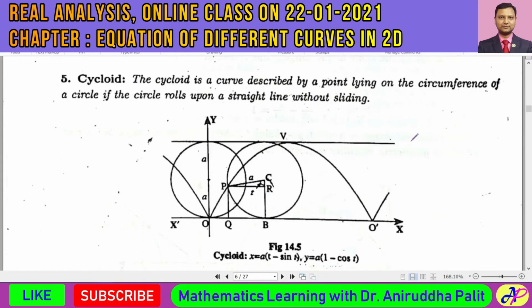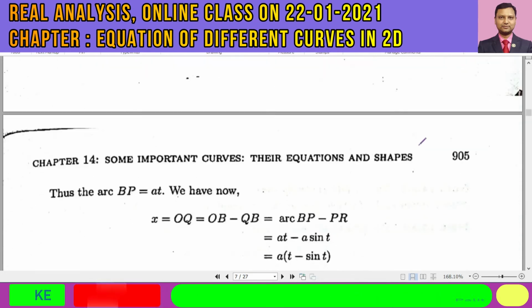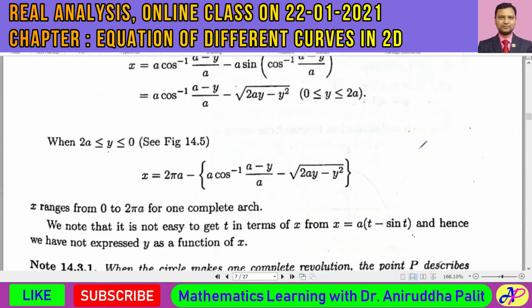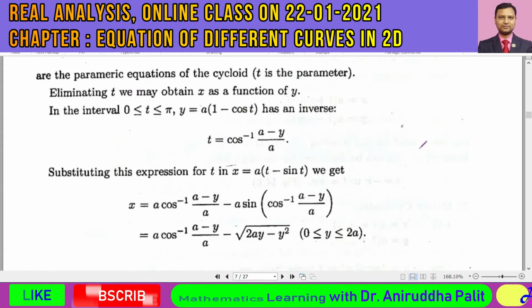This is a curve that is called cycloid. Now, how did we get the cycloid? The total deduction has been written over here. I am not going through the deduction.